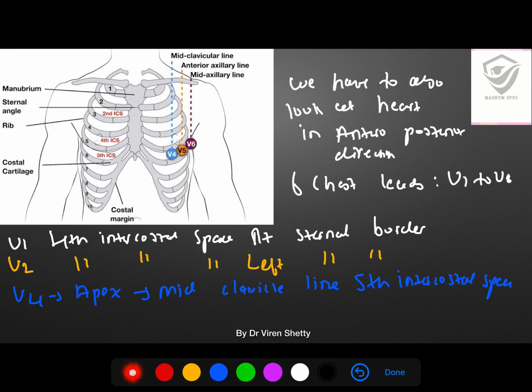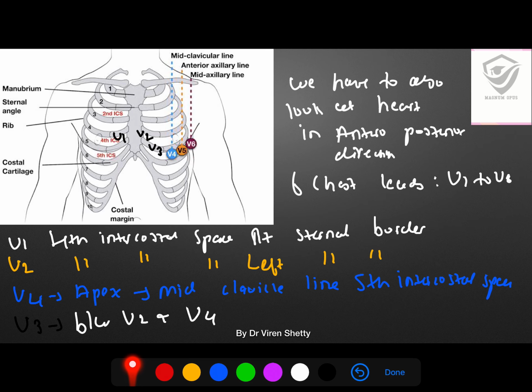So we'll put V3. V3 is present between V2 and V4. Then you have V5 and V6. Here you can see V5, it is present at the anterior axillary line, and V6 is present at the mid axillary line.